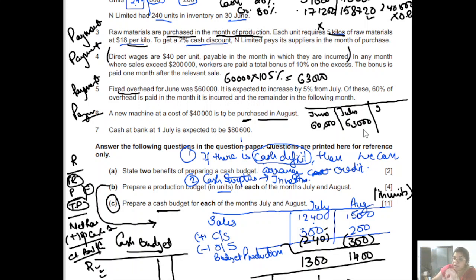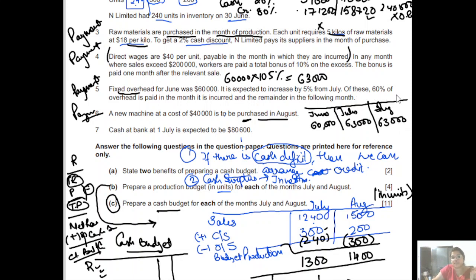Okay, but here you don't have such kind of information. They told you only that it is expected to increase by 5% from July. From July your fixed overhead will increase by 5%. So 63,000 in the month of July, 63,000 in the month of August.